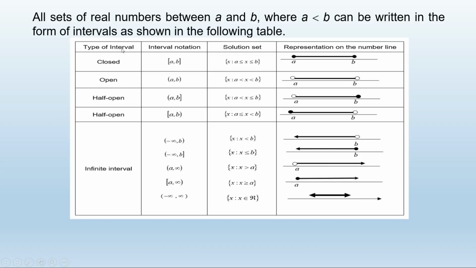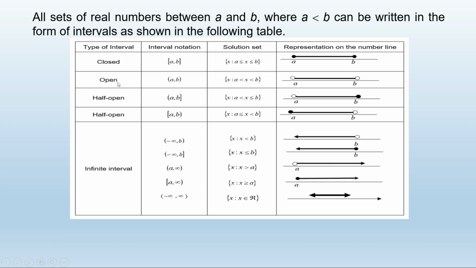Half open interval. Interval notation from A to B, including B, solution set x where x is greater than A and less than or equal to B, we present on the number line. We draw from A to B, at A an empty circle, and at B a filled circle.